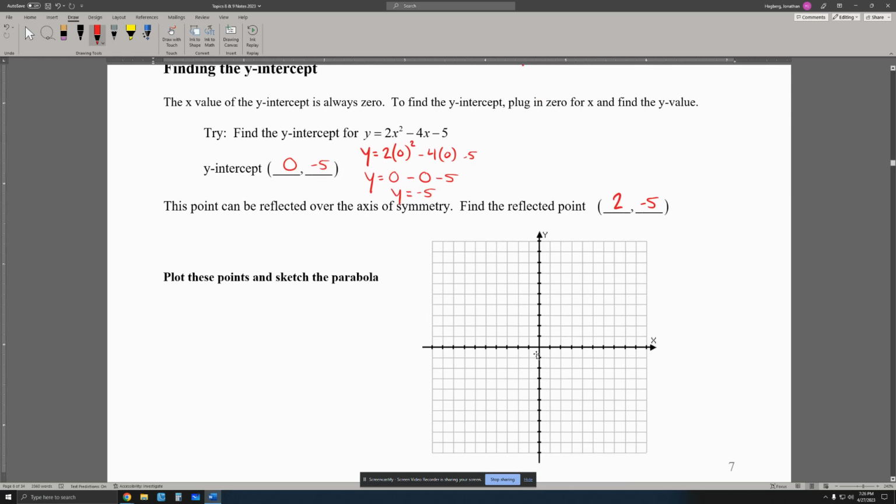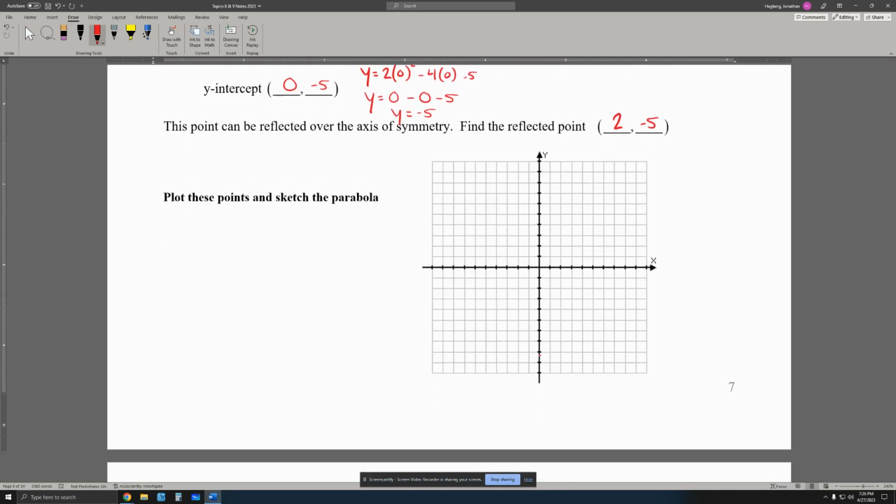One way we could see this graphically is if we were to plot our vertex of 1, negative 7, that would be right here, and then our y-intercept 0, negative 5. Then our reflected point, I know that our axis of symmetry is x equals 1, so the reflected point is going to be right on the other side there.